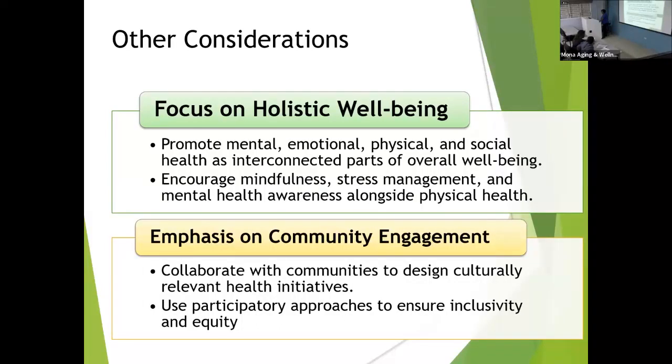There are some other things that need to be considered. We need to focus on holistic well-being. So we need to promote things like mental health, people's emotional, physical, and social health as being interconnected parts of the overall well-being. And as I would have said before, I noticed that mental health is now very much on the front burner, and they're making efforts to look at it.